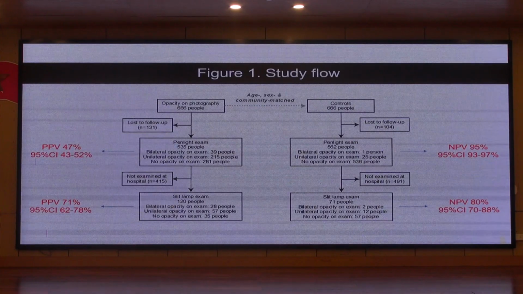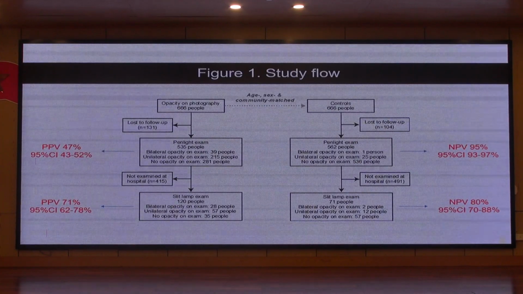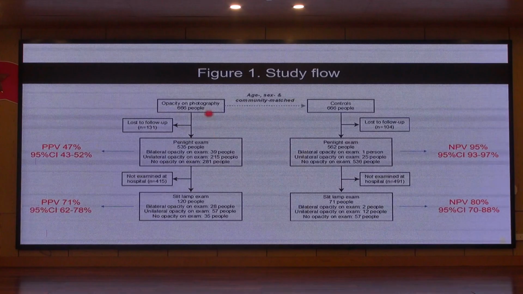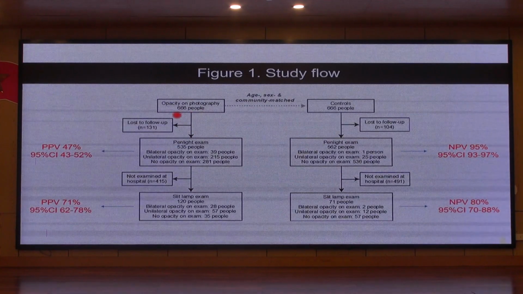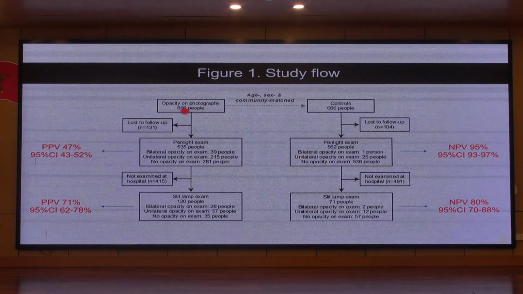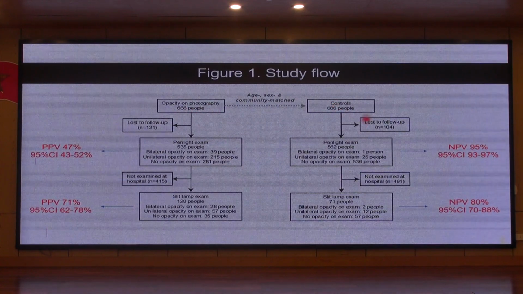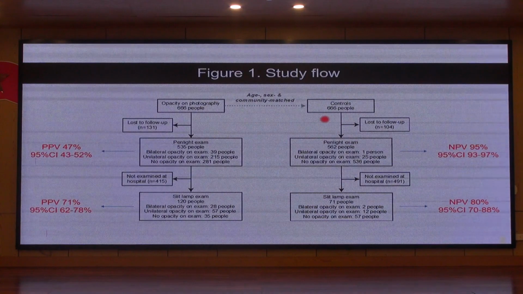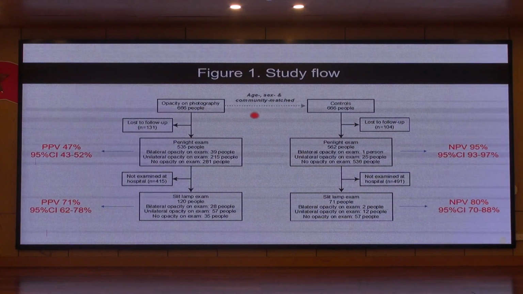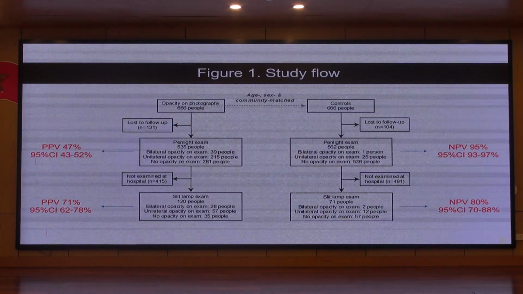So as you can see in this study flow, we identified 666 people who had opacity on corneal photographs, and for these people, we selected 666 controls based on age, sex, and community.